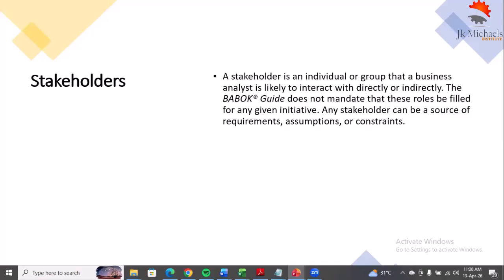Another way we look at stakeholders are the people, individuals and groups that are involved in the change, interested in a change, involved in a change, or let's use the word impacted. So impacted, involved, or interested.